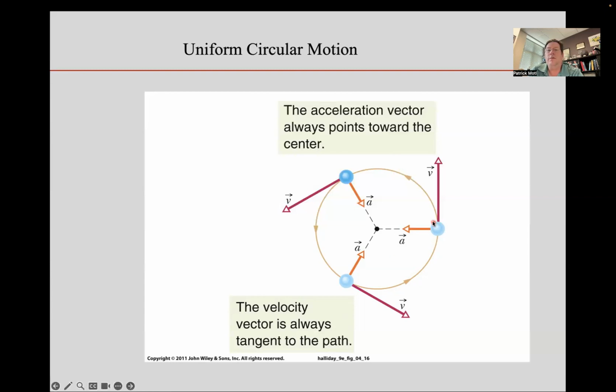At any point for an object in uniform circular motion, the velocity vector is tangent to the circle, and the acceleration vector is perpendicular to the velocity, so it's in towards the center of the circle. The uniform in uniform circular motion tells us that this acceleration vector has no component along the velocity vector and no component in the opposite direction. So that acceleration can neither speed up nor slow down the particle. It is perpendicular to the velocity, and all it can do is change the direction of motion.